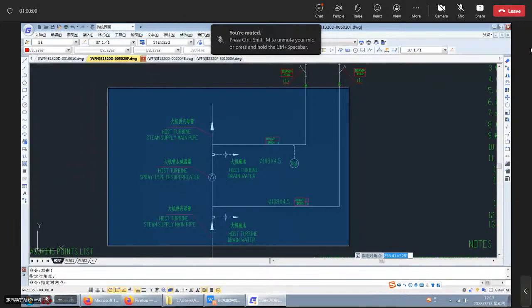It is shared with the main steam turbine; the BFPT and the main steam turbine share one main steam supply pipe.